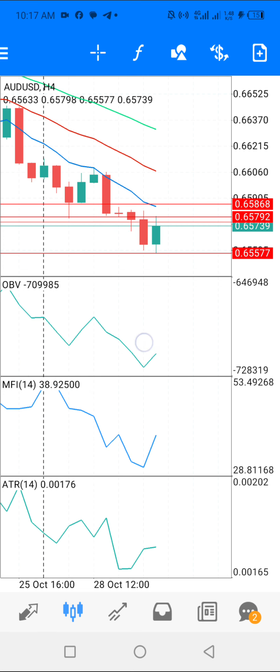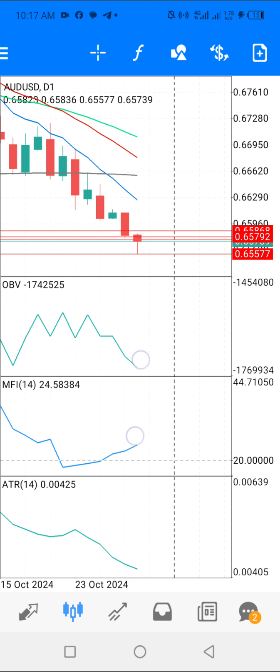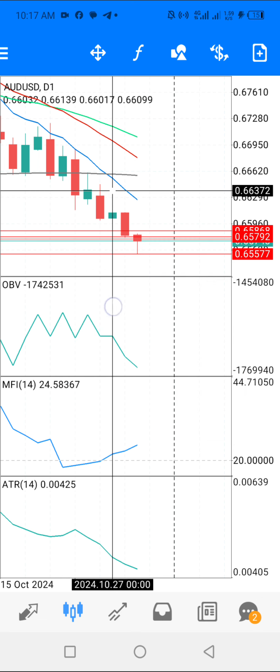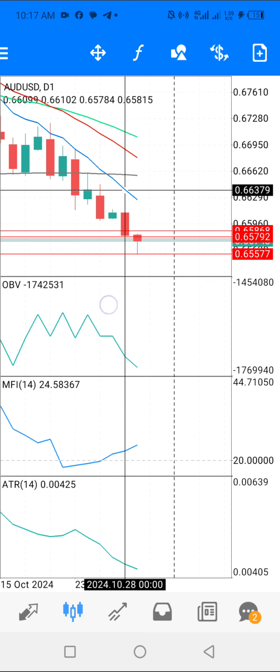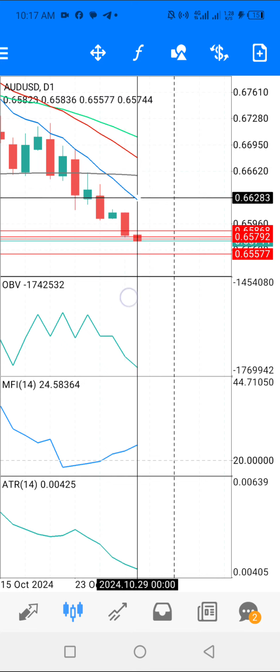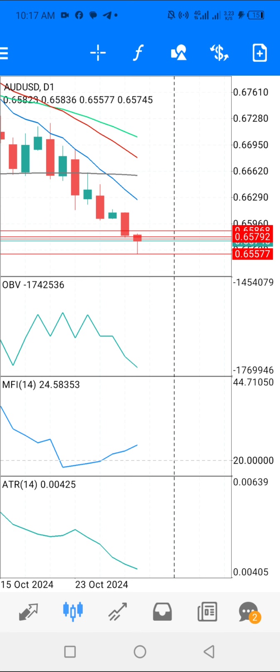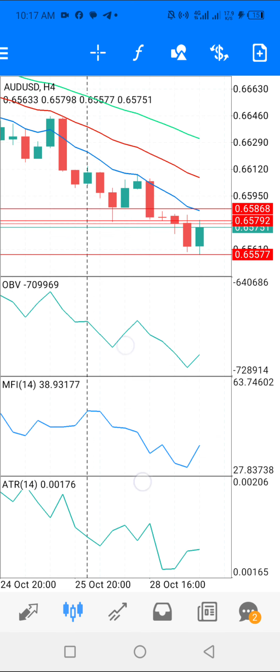But we would like our signal to come from at least the daily chart, where we have to look for a close of price above this blue EMA, which is our 9-period EMA, and then we can fine tune our entry on lower time frames.